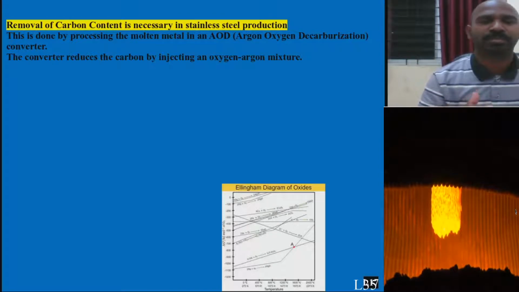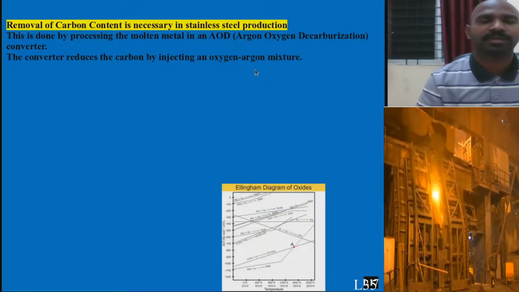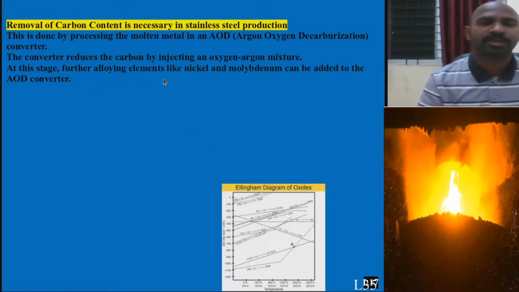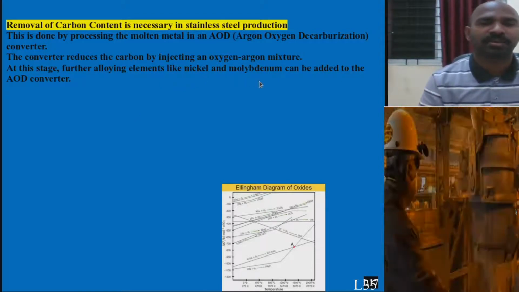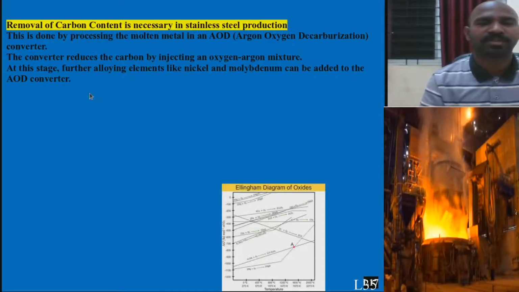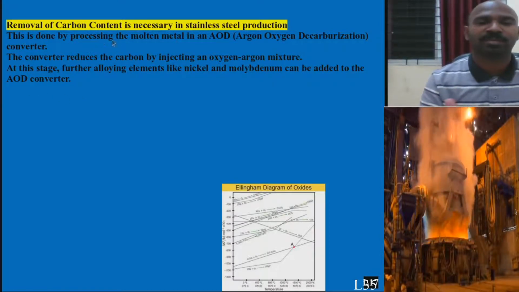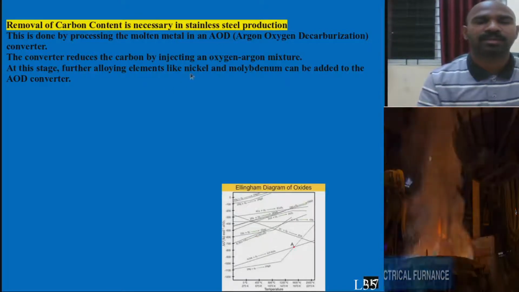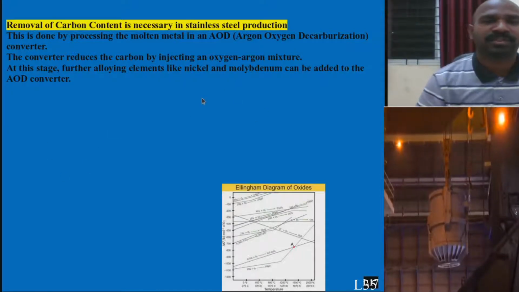The argon gas is purged from the side tuyeres, whereas the oxygen is lanced from the top. At this stage, if you want to add further nickel and molybdenum, these can also be added in the AOD process as the carbon is going down, and you can add these alloying elements to make stainless steel.